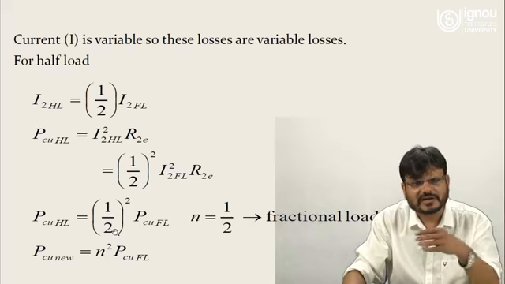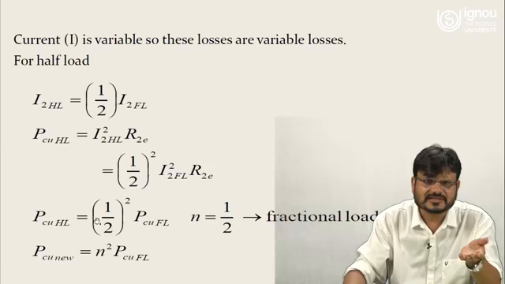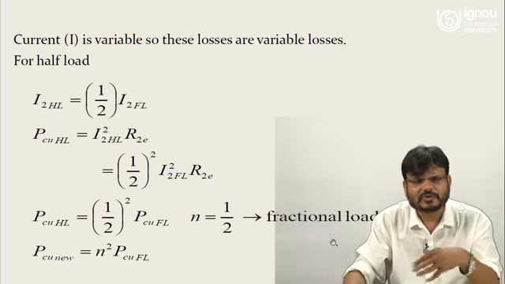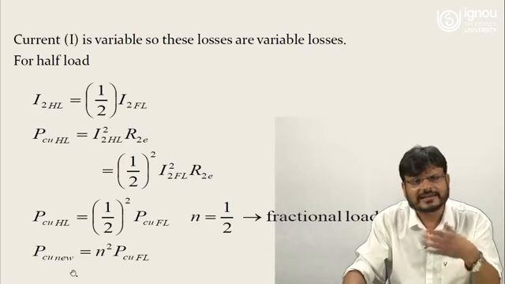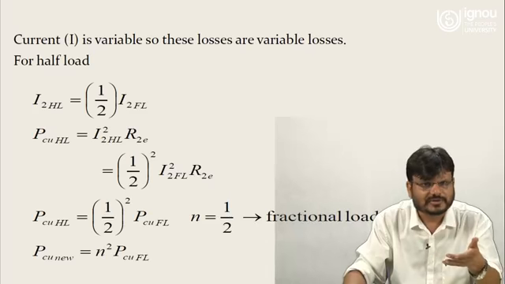So you can find the generalized formula. Just replace this 1 by 2 with N, where N is the fractional load. If you want to calculate the copper loss at any load, it may be half full load, it may be 3 by 4th of the load.